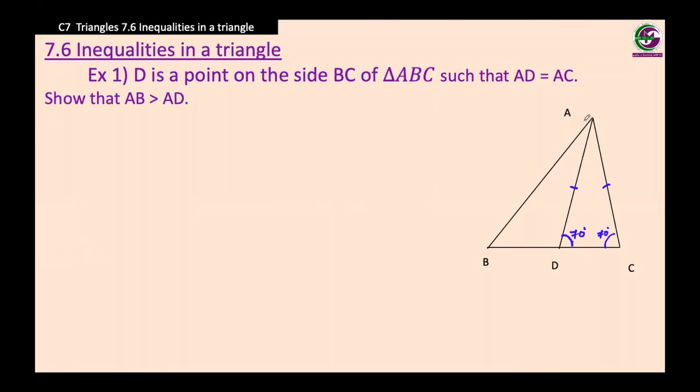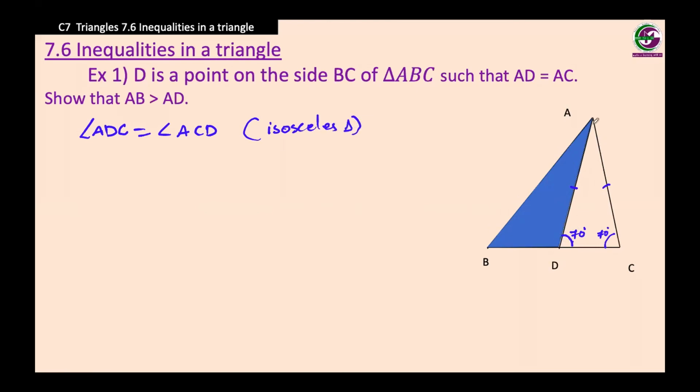So we have to consider the triangle ABD. In this triangle, you know, ADC is exterior angle. So first of all, we know that angle ADC is equal to angle ACD because they are the opposite angles of equal sides of an isosceles triangle.